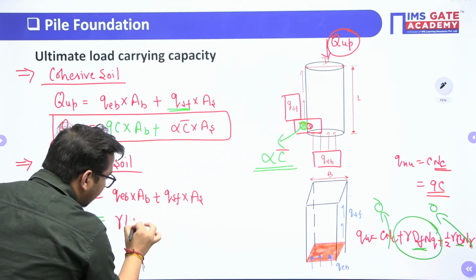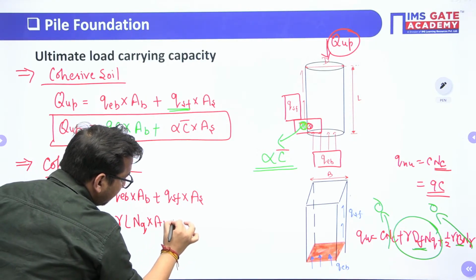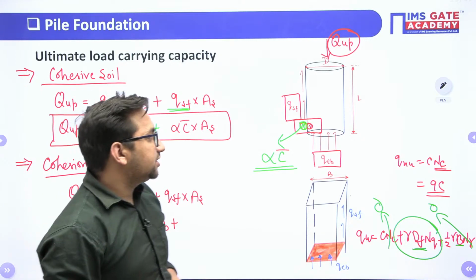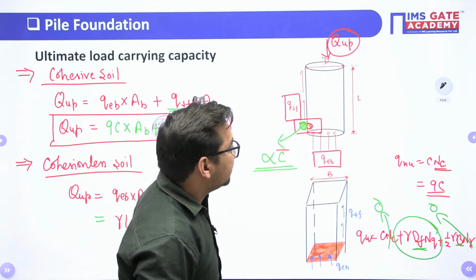So it is gamma into L into NQ into AB plus the side friction resistance. In this particular pile, the friction will be from the sides, right?